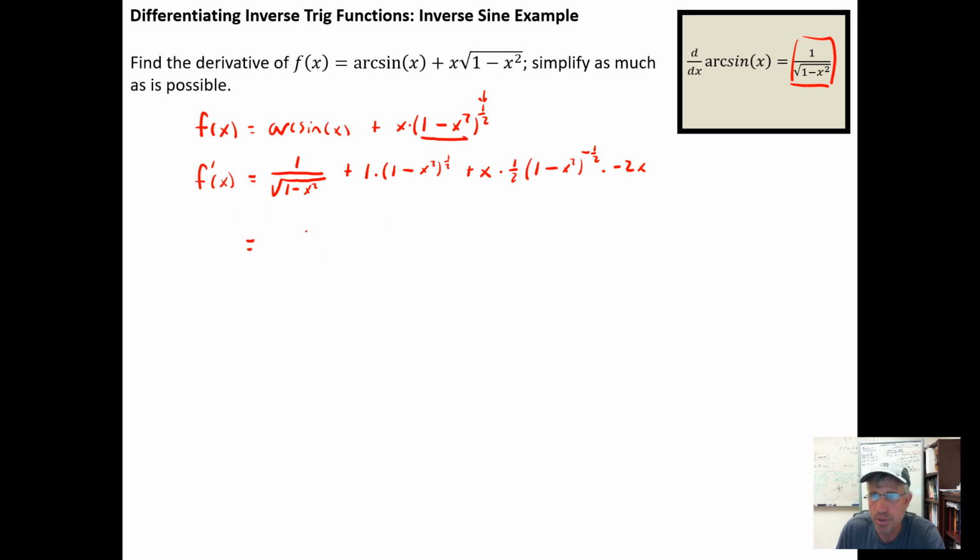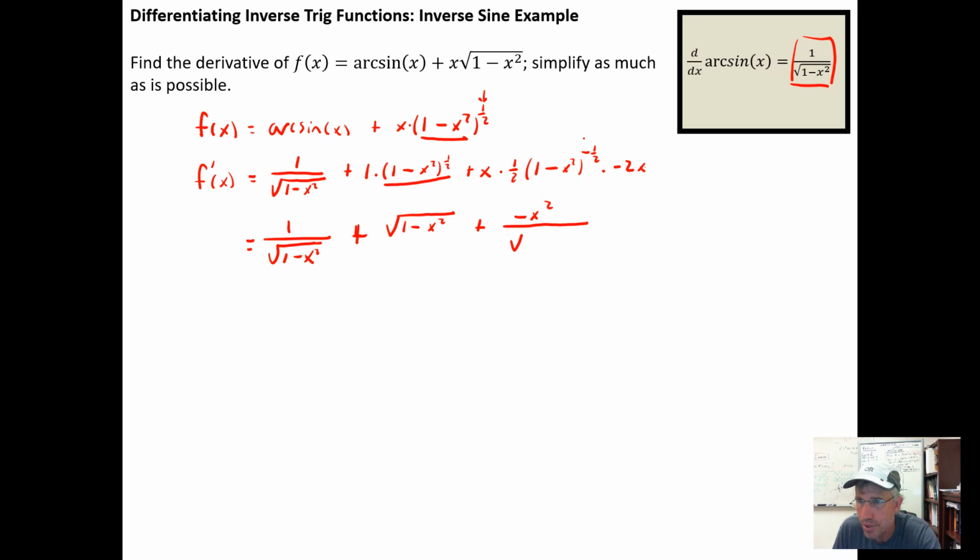And then we want to start simplifying things as much as we can. So here we have 1 over the square root of 1 minus x squared sitting right here, plus, and now I have a square root of 1 minus x squared sitting here, plus, and right here the half will cancel with the 2, so it looks like we're going to get a negative x times x is negative x squared in the numerator over a square root.